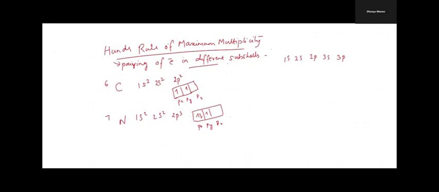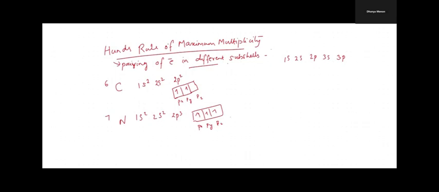Pairing means 2 electrons in the same orbital. The pairing will not take place until we have all the orbitals singly filled like this. All of them are singly filled, because electrons try to be as unpaired as possible, and then they start pairing up.